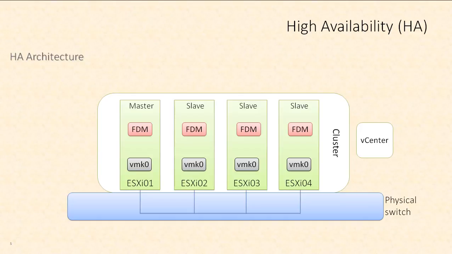And the fault domain manager of the master communicates with vCenter to learn about the topology of this HA cluster. So the fault domain manager is actually the component of HA that provides a lot of the intelligence at this point. And it also is going to facilitate the heart beating mechanism that's responsible for HA.